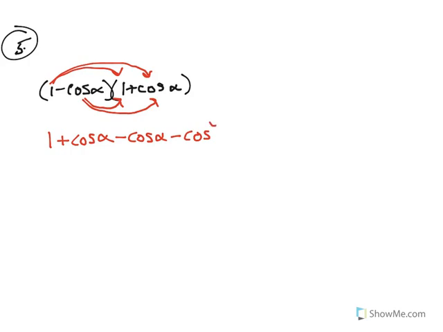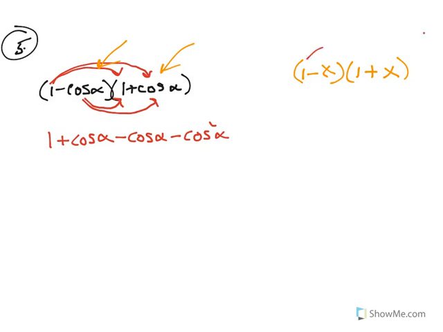So it's really no different than if we had, for example, 1 minus x multiplied by 1 plus x. The x is the unknown. Here it's just the cosine. The cosine is kind of acting as the variable. So you can multiply them together just like we would normal algebraic expressions.